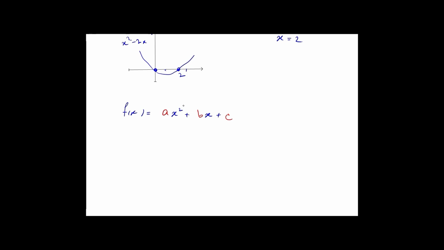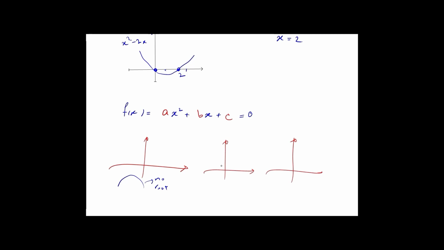The polynomial of degree 2 can have at most 2 roots, and based on that it can have 3 kinds of figures. If it has no root, it won't cross this horizontal line, it will be like this, or it can be like this. It means that no x can make it equal to 0.